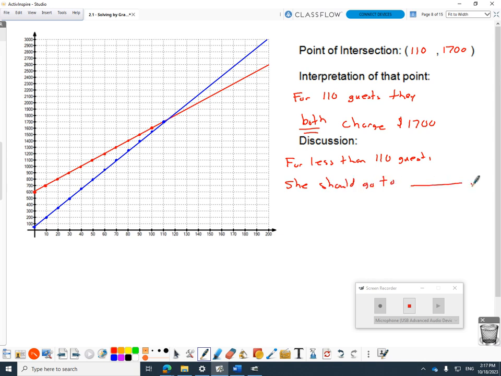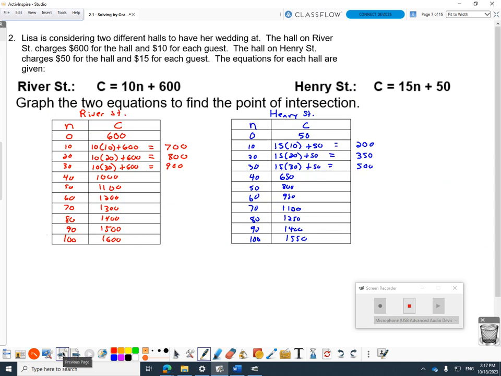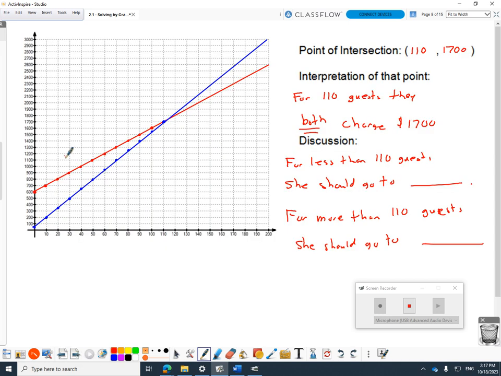For more than 110 guests, she should go to, oh, which one was which? I forget now. The red one was River. I'll write that on my graph. And this was Henry. So let's tell Lisa, which one? If she wants less than 110 guests, which one was less money? Henry.